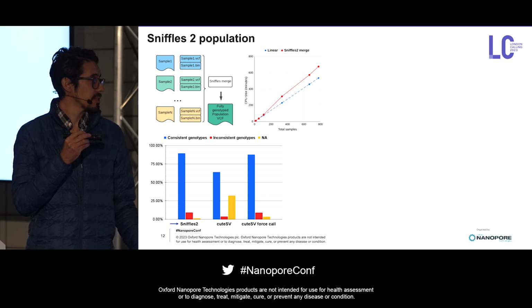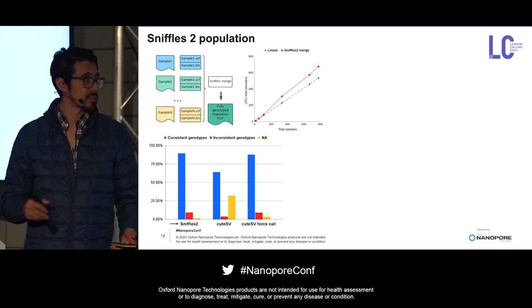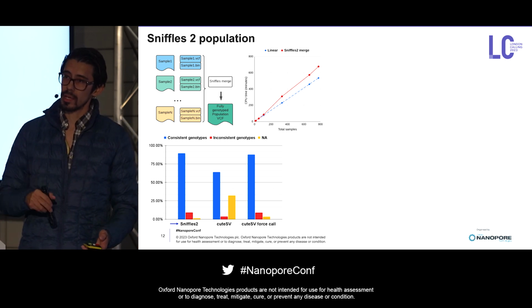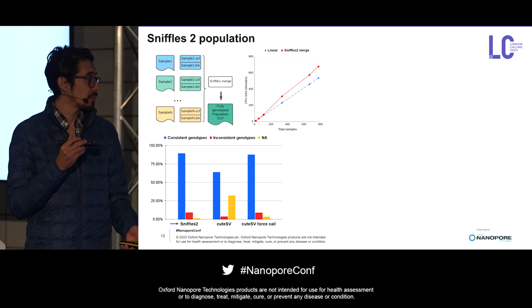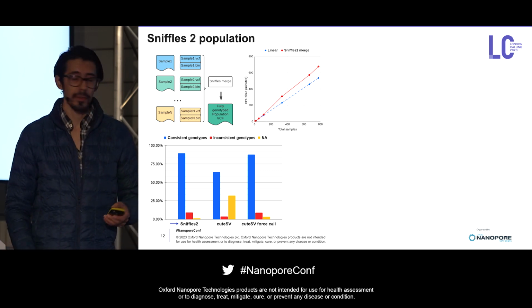To remove this missingness, you need to regenotype all the samples by using the BAM files again, which takes a lot of time. Still, you can see that for Sniffles 2, the number of NAs is way smaller than for the force calling using cuteSV.